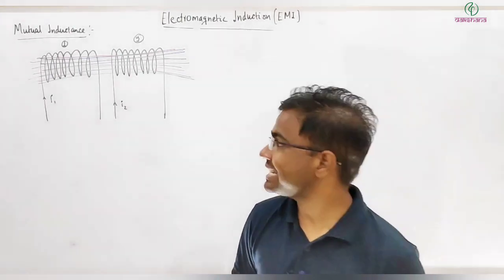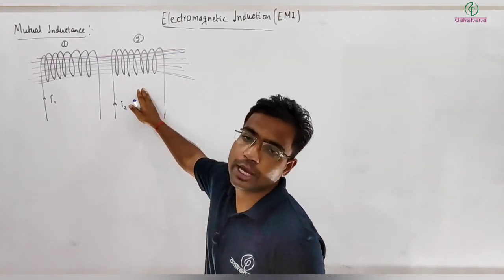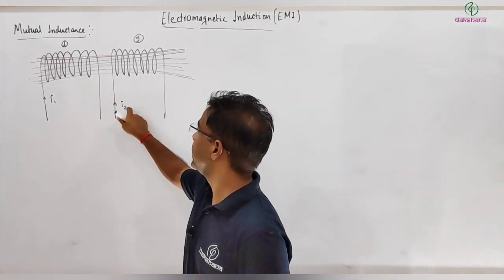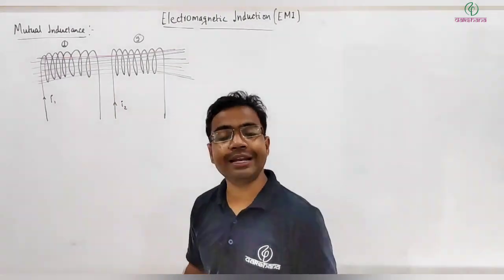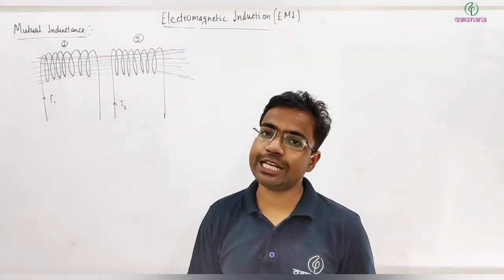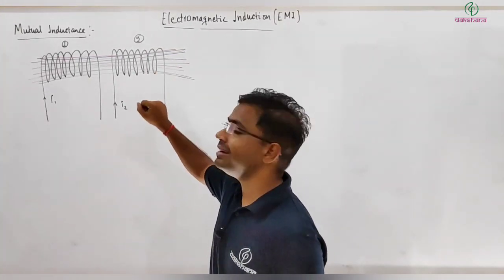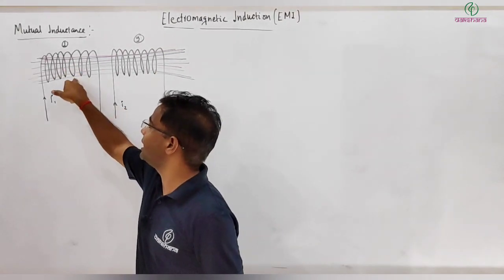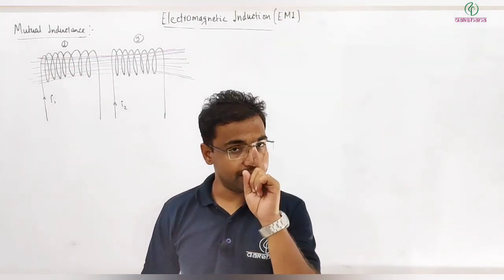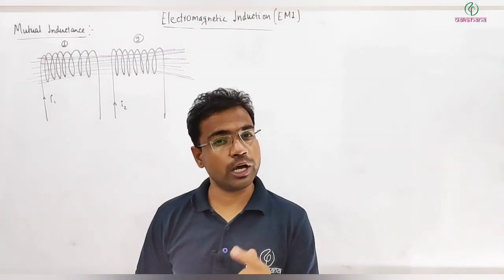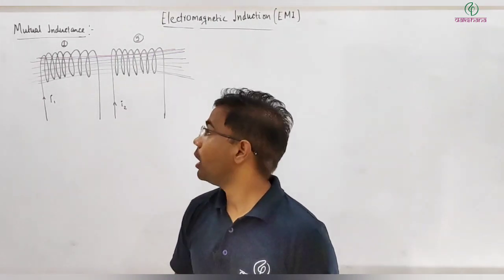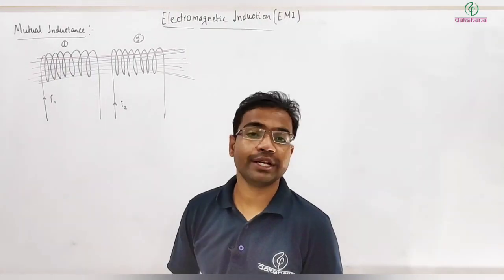Getting it? So exactly in the same manner here also, if I am increasing this current, these blue magnetic field lines will also increase, because magnetic field in coil 2 will increase. More magnetic field lines will be linked to coil 1, and I can say flux in coil 1 due to current in coil 2 will also be proportional to current in coil 2.